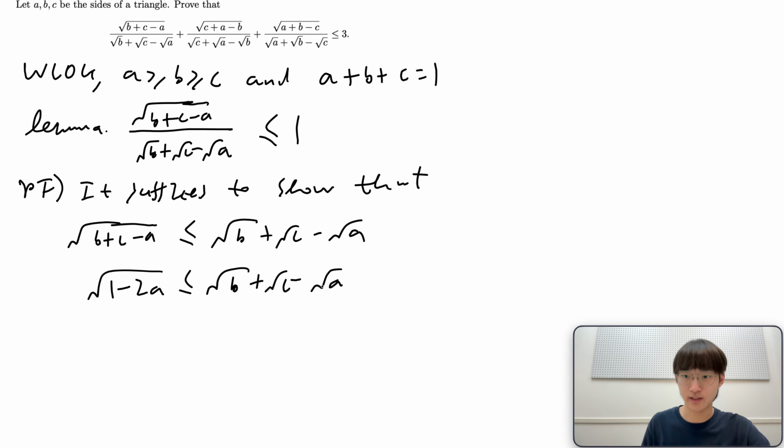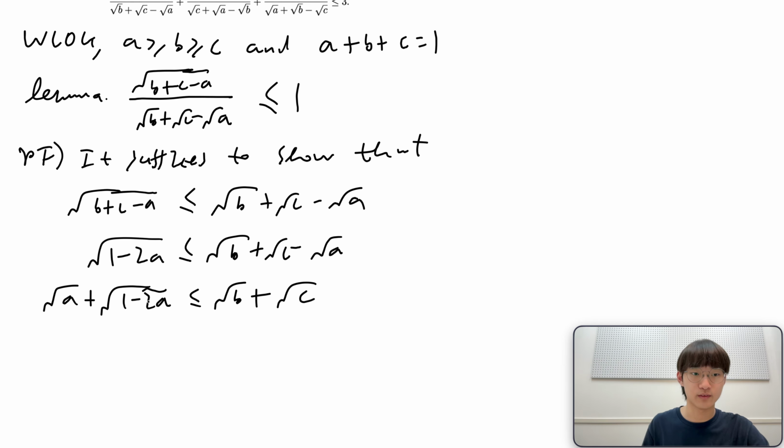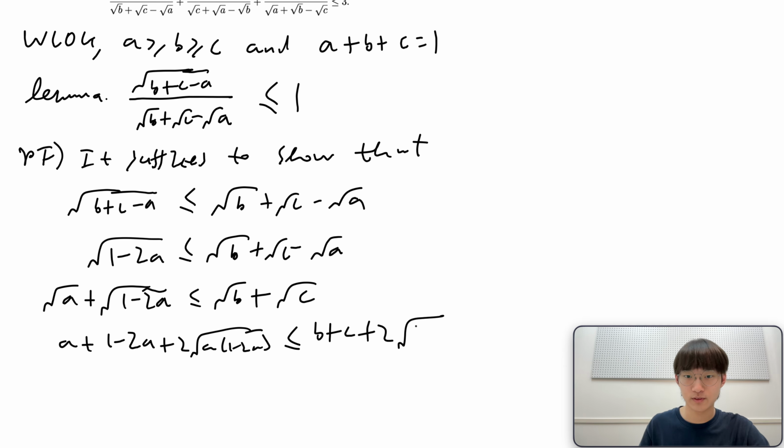What I did from here is I moved this term to the left side and squared them, because that way we can use a plus b plus c equals 1. So we got 1 minus 2a plus 2 root a times root of 1 minus 2a is less than or equal to b plus c plus 2 root bc.